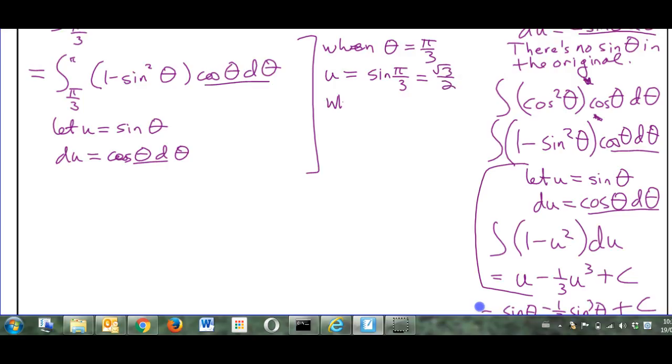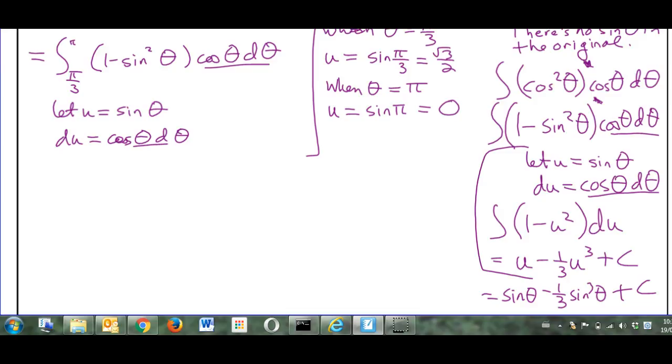And when theta is equal to pi, u is equal to sine pi, which is 0. We're not going to go back to theta once we've done this.